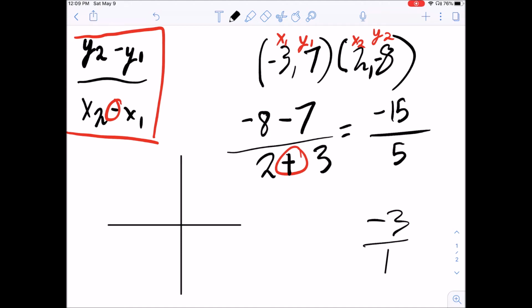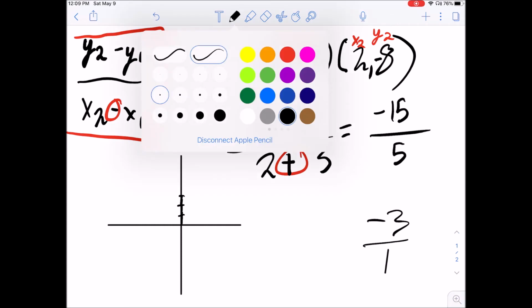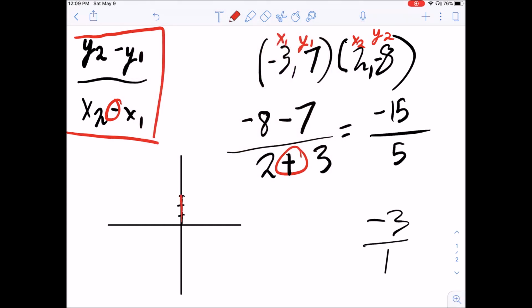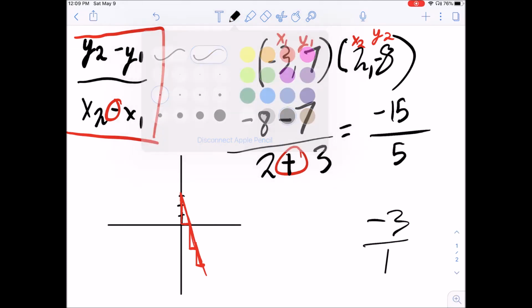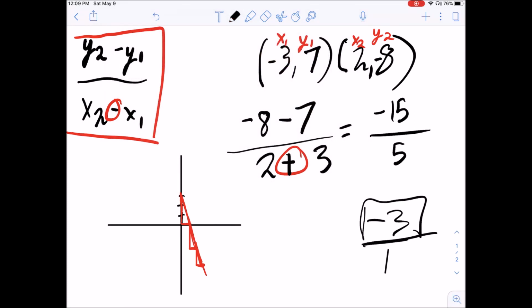We decline -3, so if we make little notches here, we decline -3. Let's make that a different color. Decline -3, and then we will run 1. We will decline -3, and we will run 1. Decline -3, we will run 1. See? That's the slope right there. This is our answer to the slope. It's -3. So yeah, we have those.